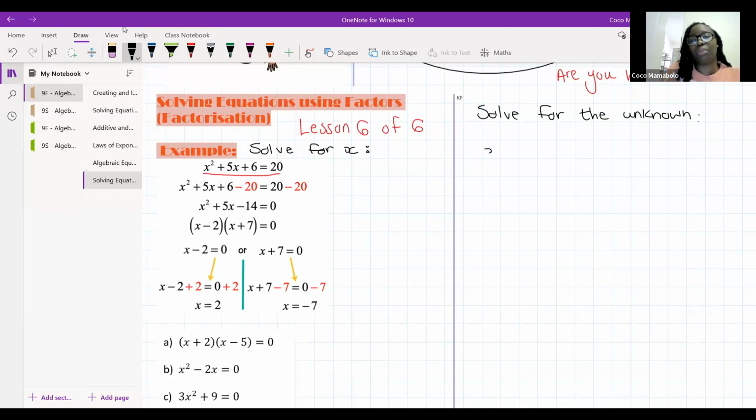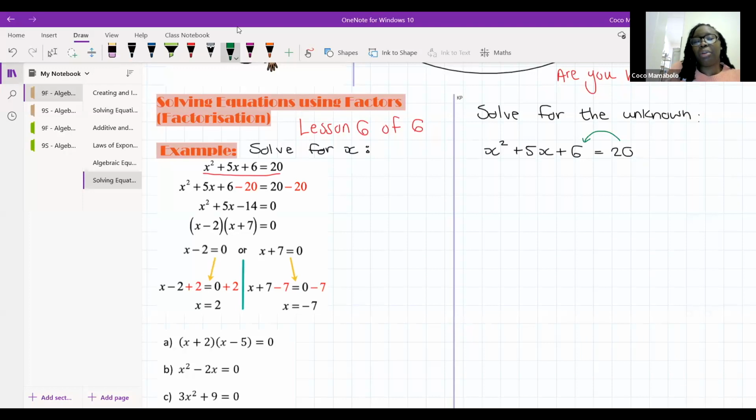If our sum reads x squared plus 5x plus 6 is equal to 20, we don't want 20 on this side. We want to take 20 over to the other side so that we can have 0 over here.